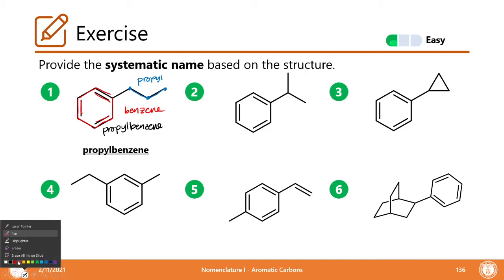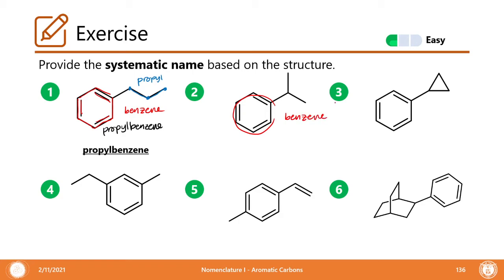Number 2. Okay. We have our benzene ring. As a substituent, we have an ethyl group here connected directly to the benzene parent chain. Ethyl, and at position 1 of that ethyl group, we have a methyl group.